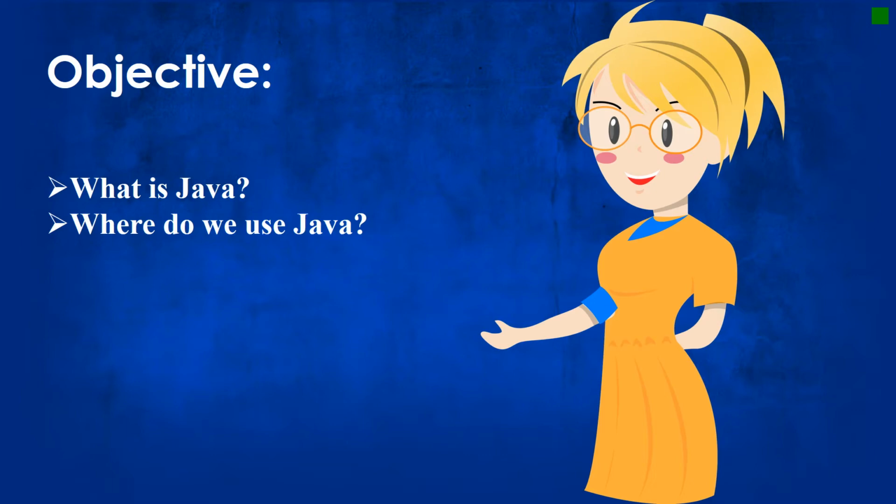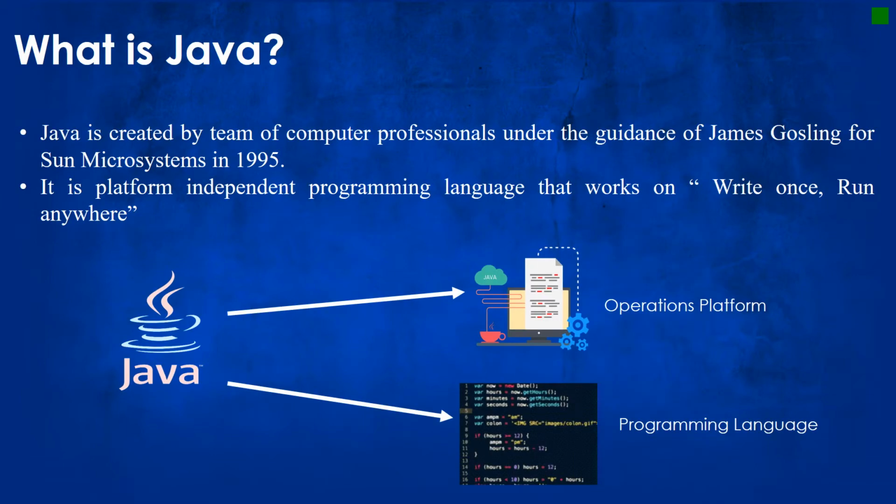Let's move forward. Java is an object-oriented language and it is similar to C++ with advanced and simplified features. It is a programming language as well as it provides the operational platform also. While working with mobiles and pagers, we need some application that can handle the messaging system.